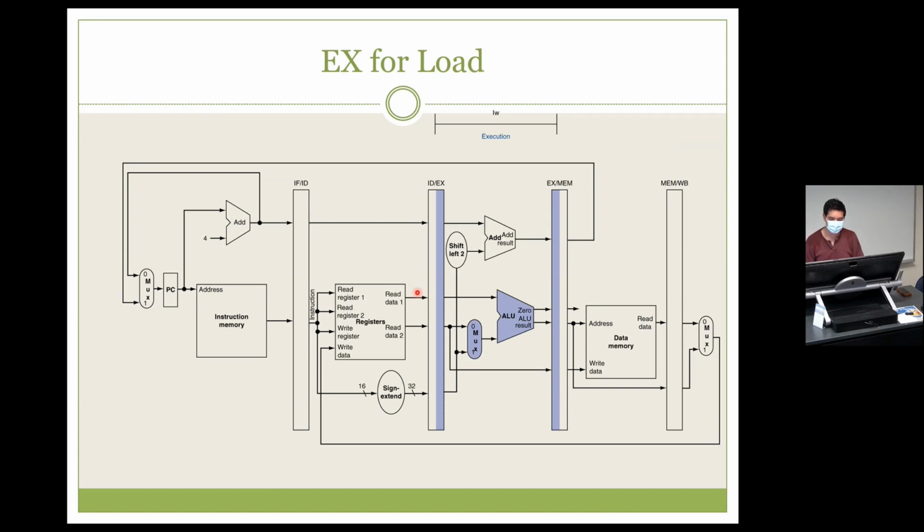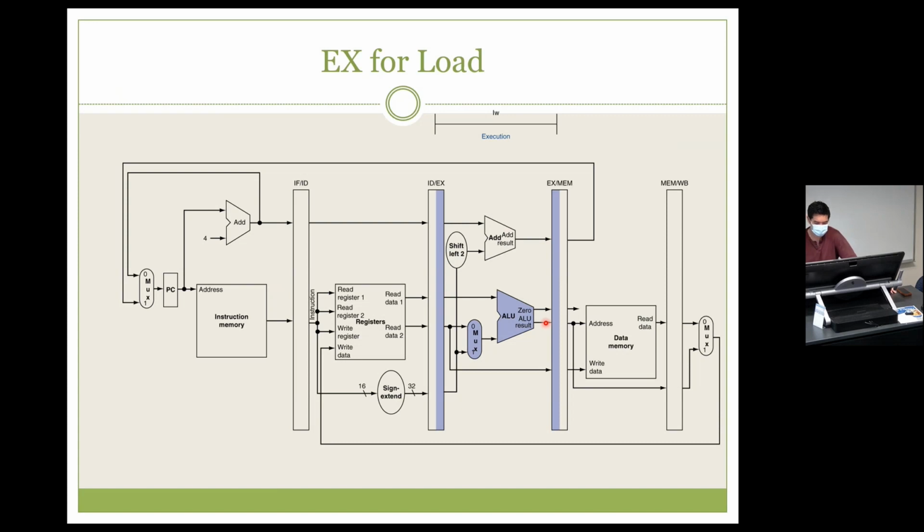The next clock cycle, we're going to do our execute. So we're going to get the sign extended immediate and the base address, add them. And then this is going to be PC plus 4.